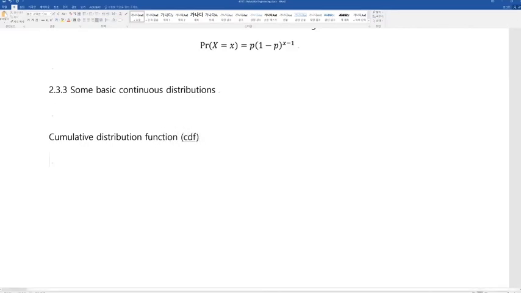We already defined the CDF previously. Usually CDF is denoted as F of x.